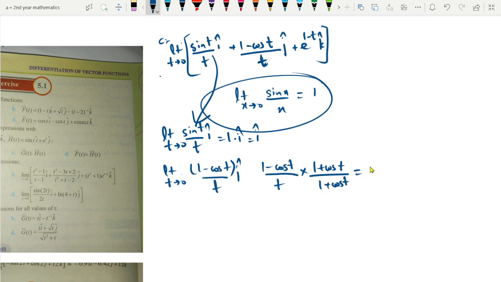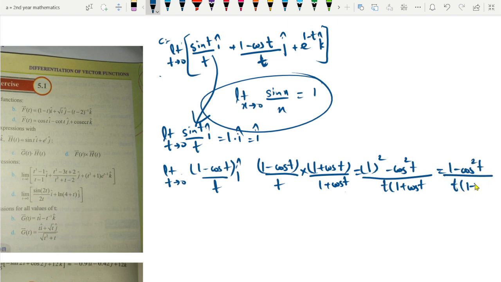This will become a minus b into a plus b, which is a square minus b square, so 1 minus cos square t over t into (1 plus cos t). And 1 minus cos square t is equal to sin square t.